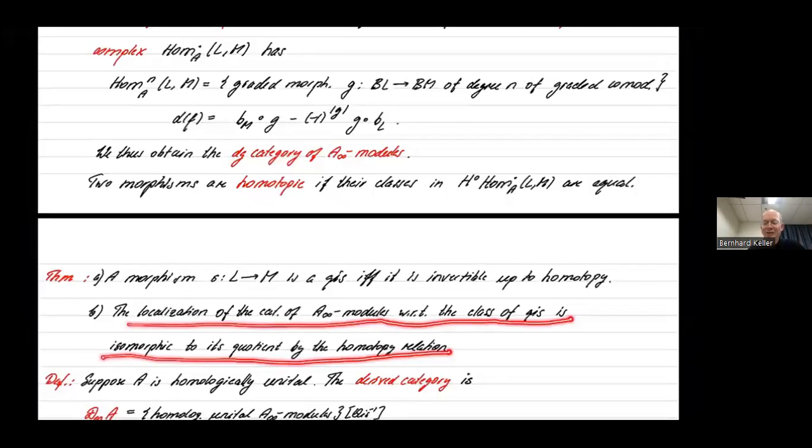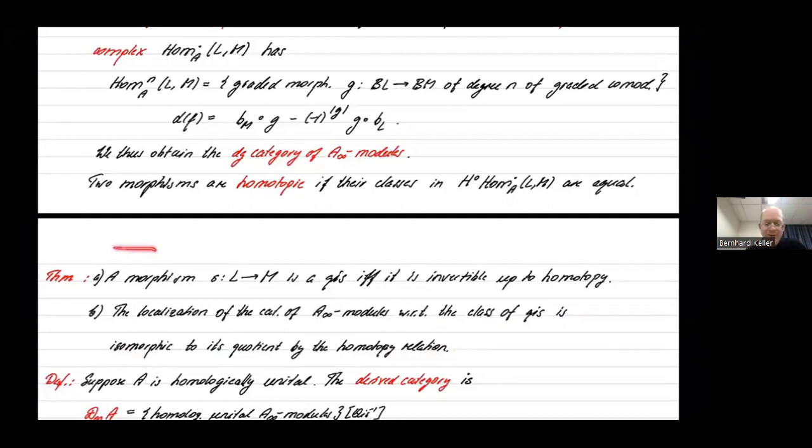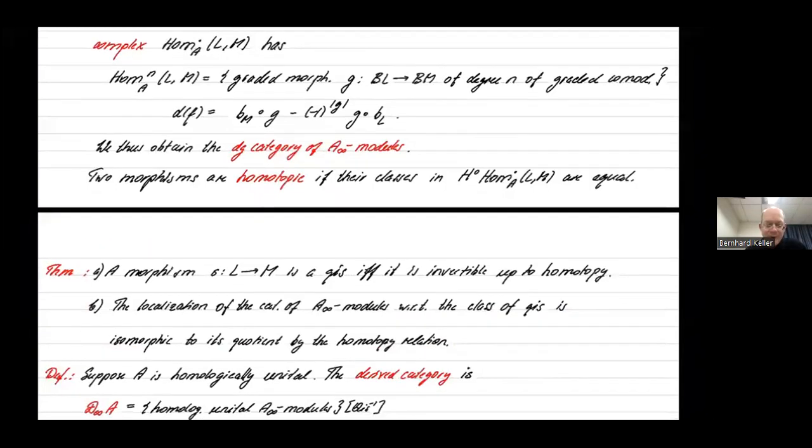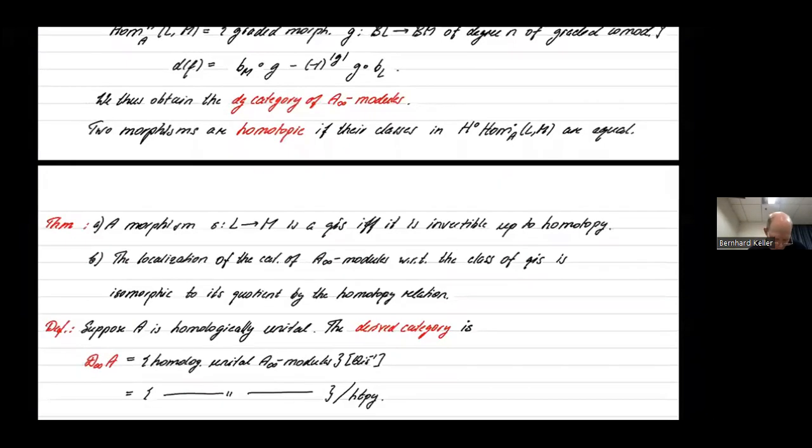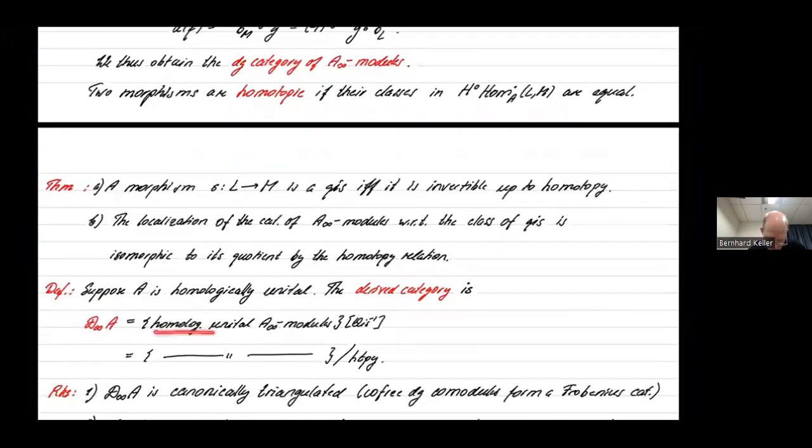So there is no, if you like, there's no difference between the category up to homotopy and the derived category in the A-infinity world. Okay, now to define the derived category, let us suppose that our algebra is homologically unital, and then we use homologically unital A-infinity modules, and we invert quasi-isomorphisms, or equivalently, we divide by the homotopy relations to define the infinity derived category of our infinity algebra.